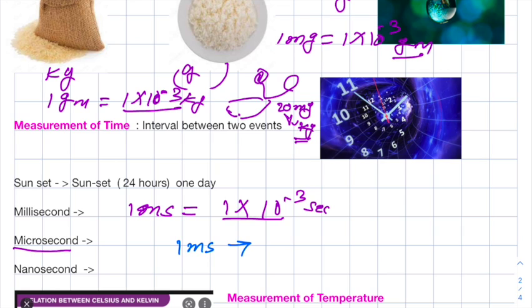So a microsecond equals 1 times 10 to the negative 6 second, and a nanosecond equals 10 to the negative 9 second. This is a very small time, like the time light takes to travel from the proton to the neutron, something like that.